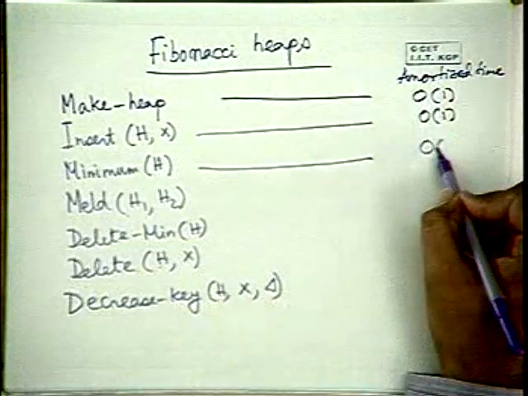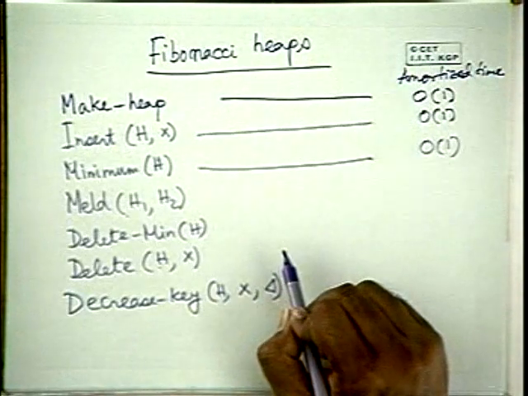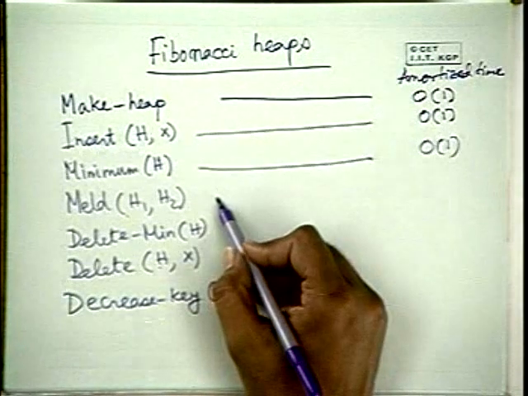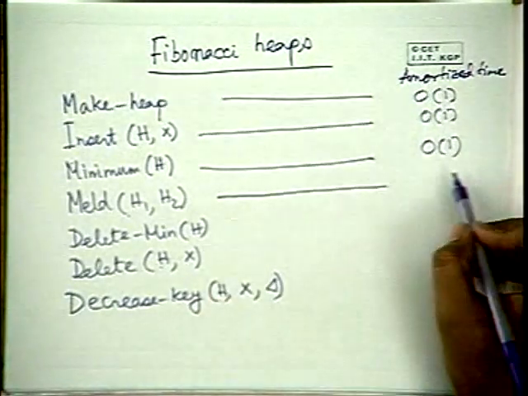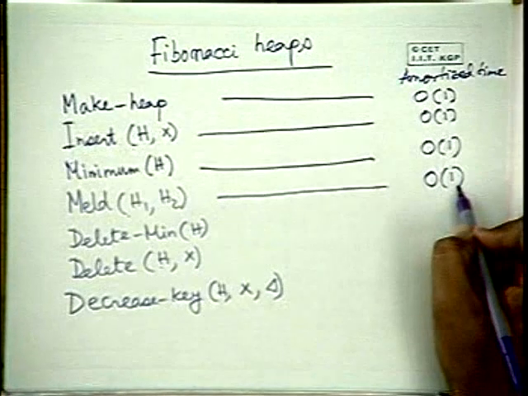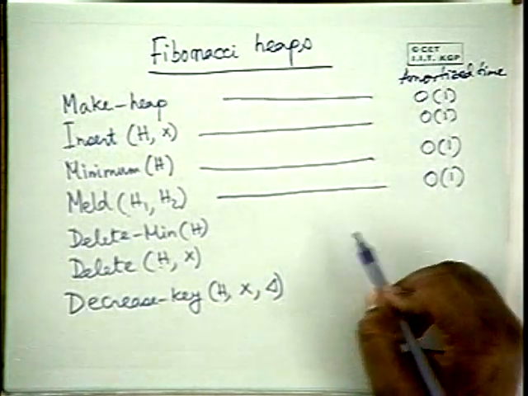If you remember, in the original heap you cannot insert an element in constant time. It takes log n. Minimum of H takes only order 1 again, constant time. Then merging two heaps is again constant. It's like a magic data structure, everything is constant.